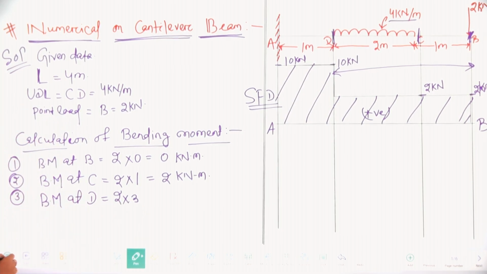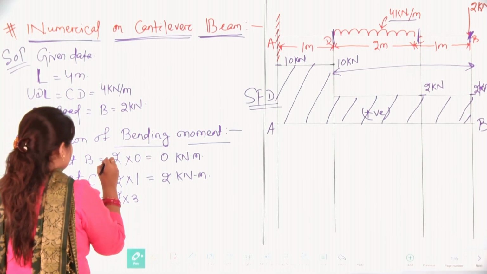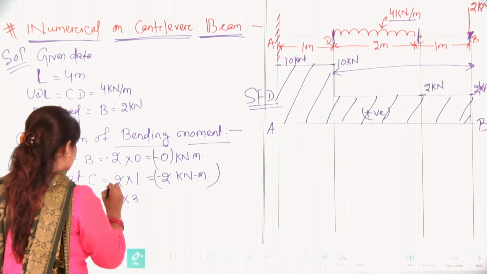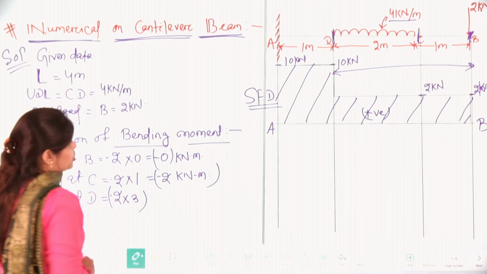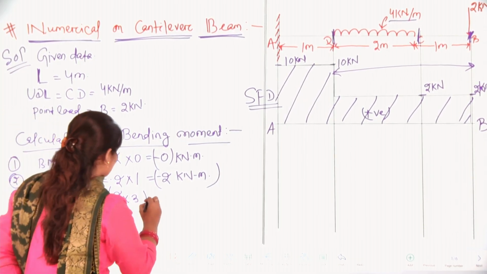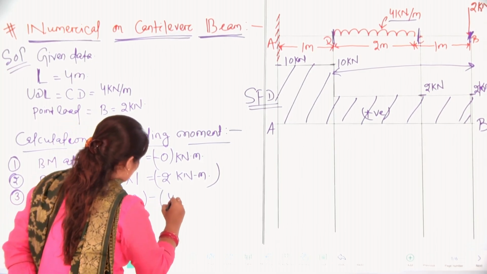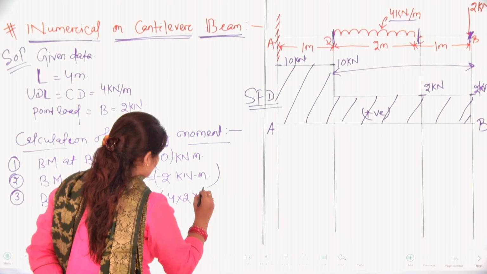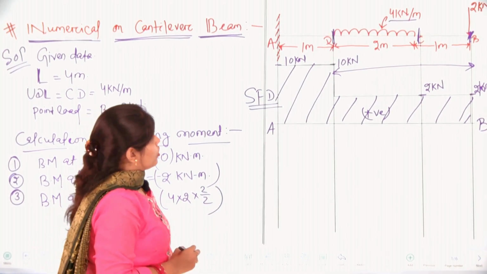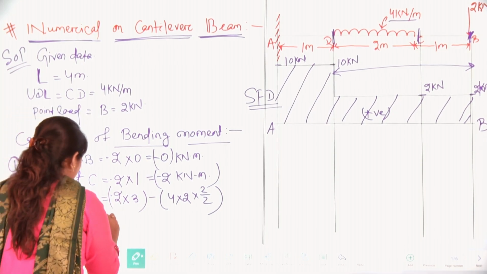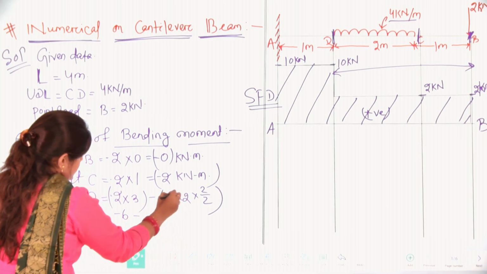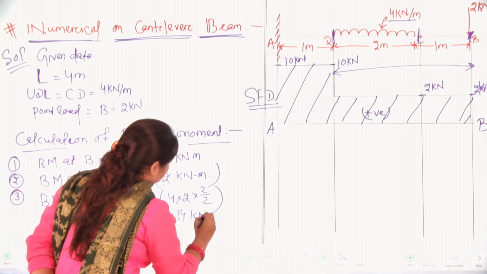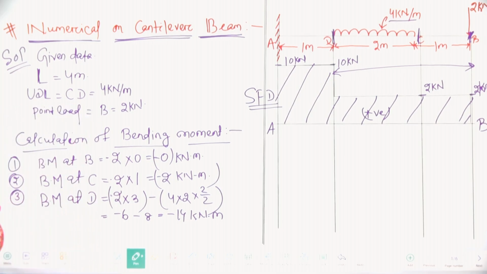We need to remember that as loads are downward, we will have negative bending moment values. So, here minus 2 into 3, again minus 4 into 2 multiplied with 2 by 2. Here you will have minus 6 minus 8, that will be minus 14 kilonewton meter.